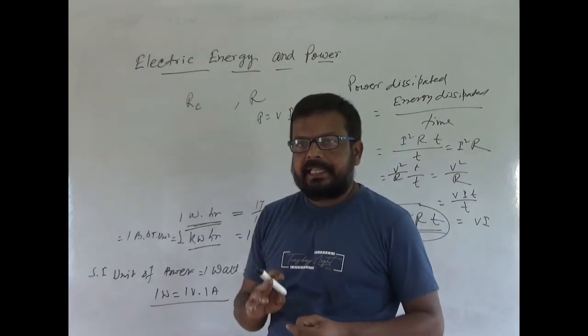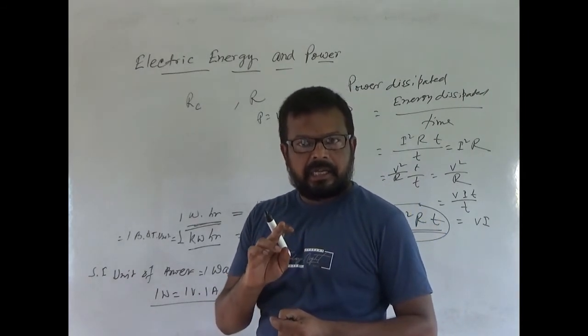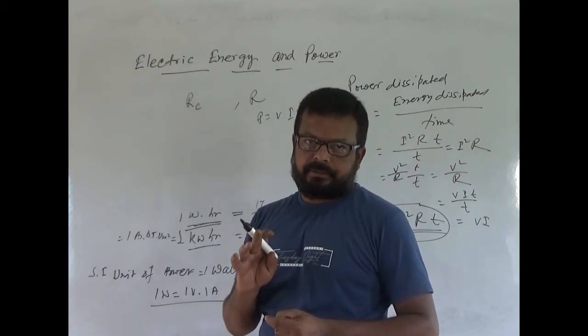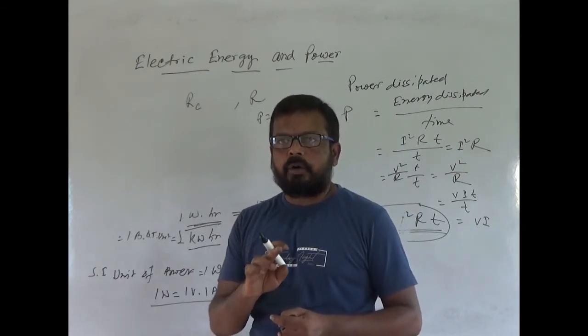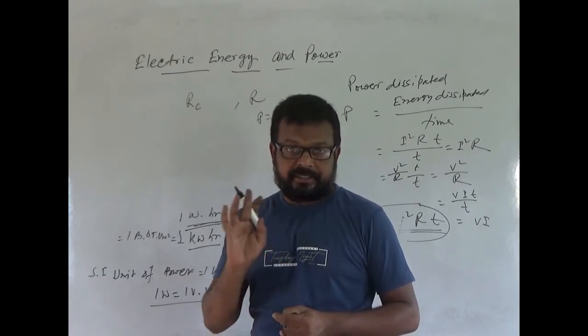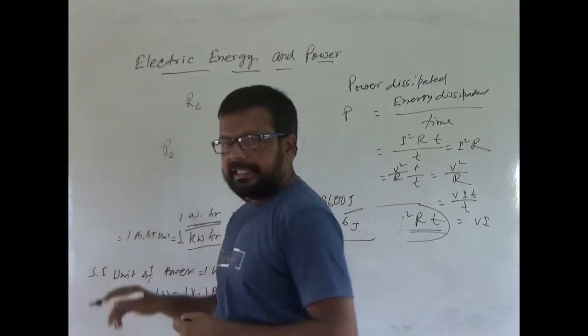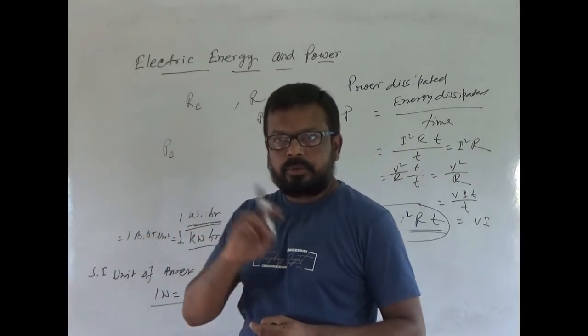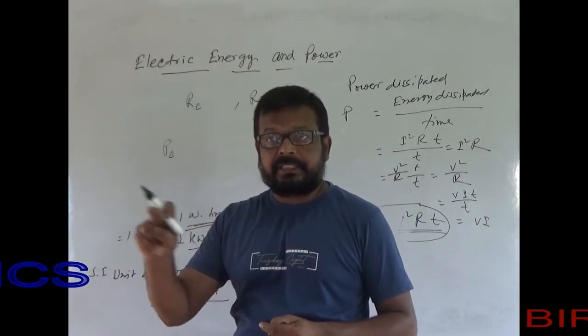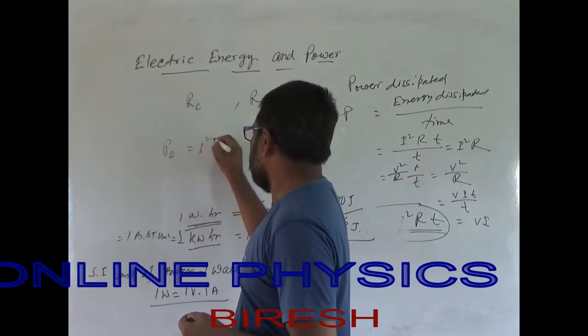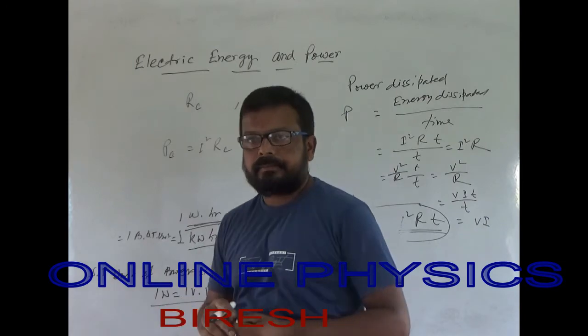Now the device has a finite resistance. The power dissipated in the connecting wire, which is wasted, is PC. PC, the power wasted through the connecting wire, that is the transmission cable, is equal to I square into RC.